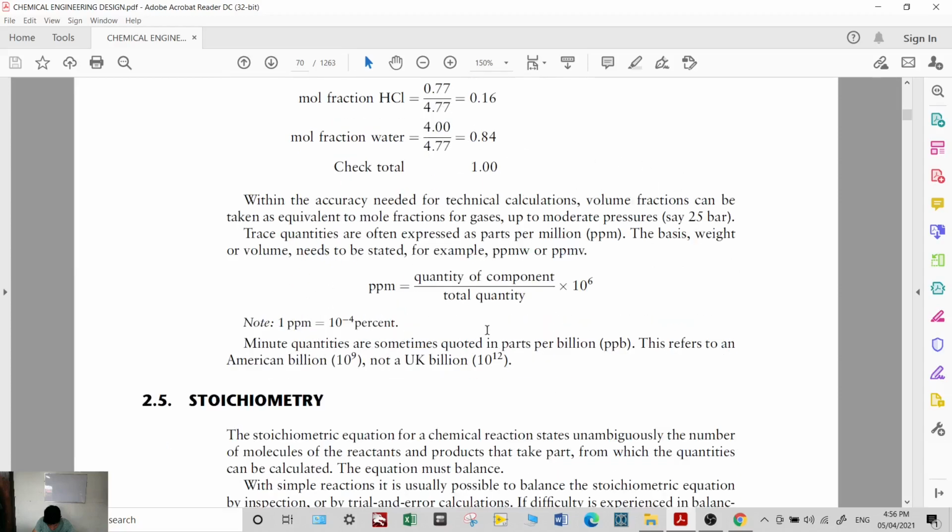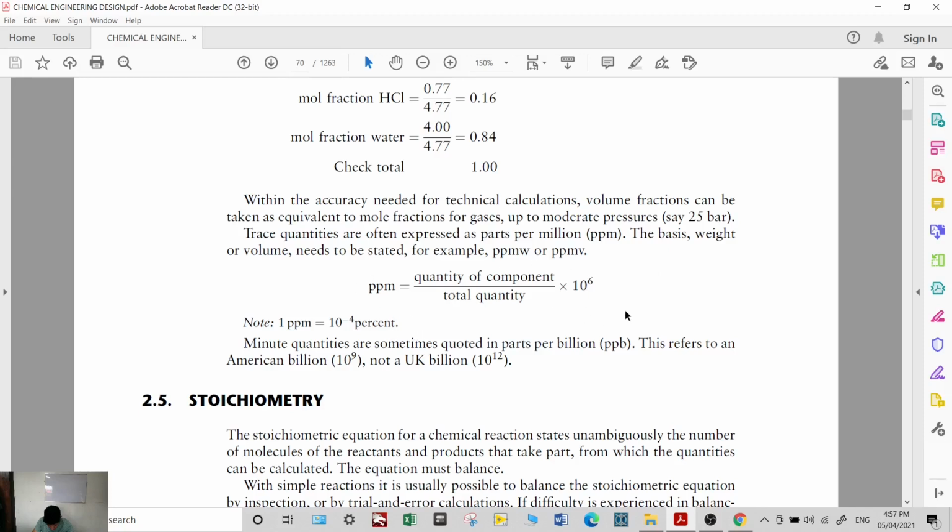So there are times when you divide the composition in a sample, like a gas, you get a very small number. So that is why percent is no longer advisable. There are times you need to use parts per million.